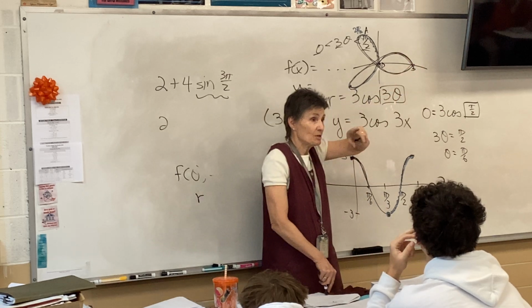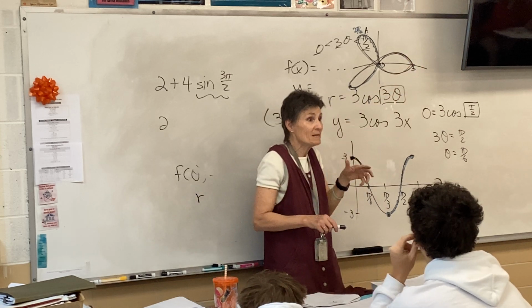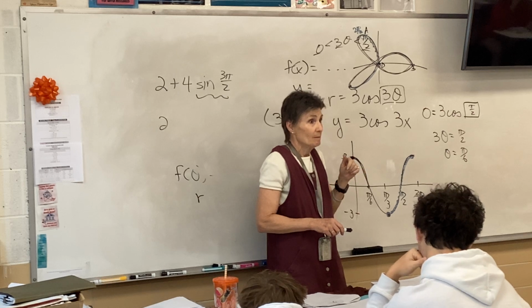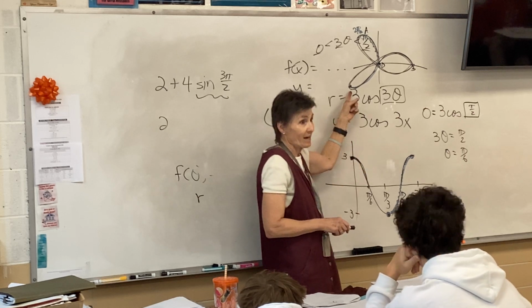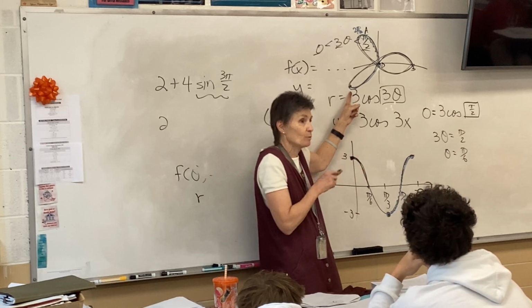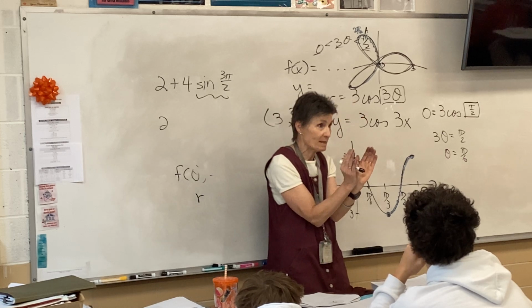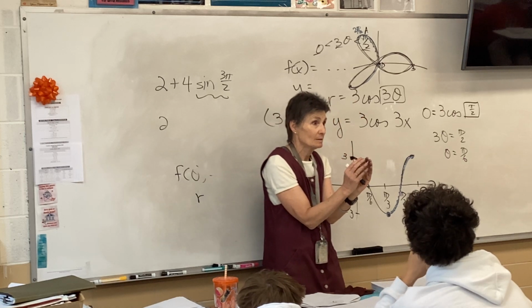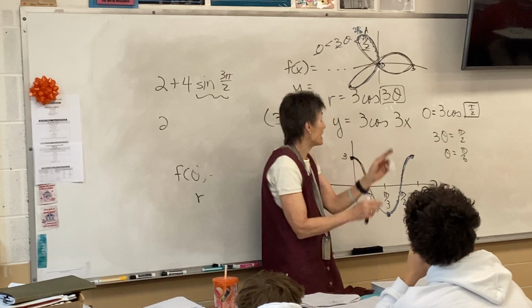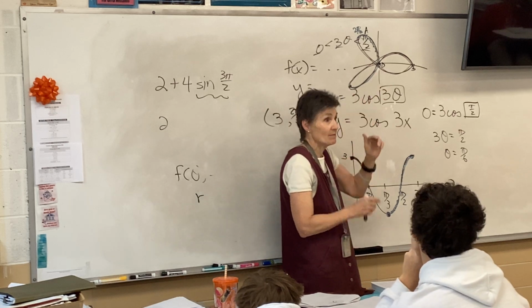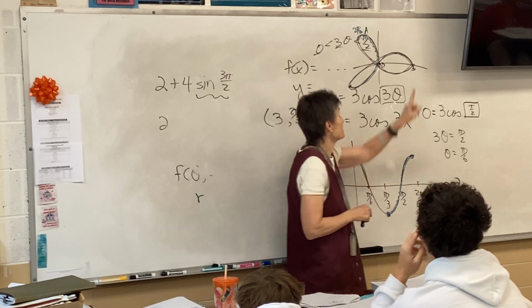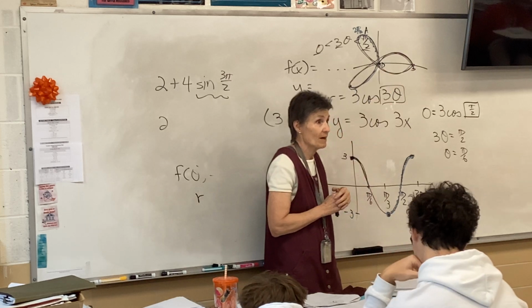So, if you can understand all those moving pieces, yes. But that is not in the domain. That angle, 4 pi over 3, is not in the part of the domain that we were given. And yet that piece of the graph is in that part because of the negative value.